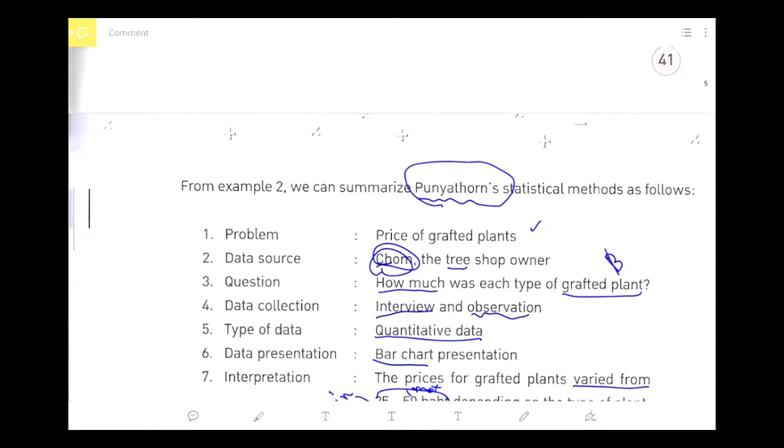For your data collection, I don't think that you want to interview, so you can just look at the price tag.